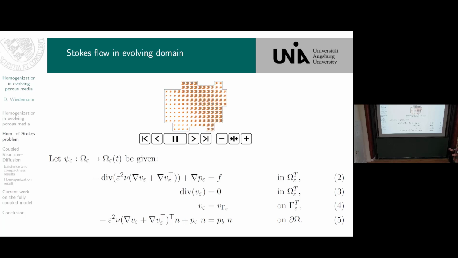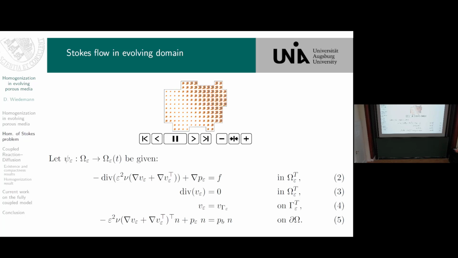Okay. Now we want to apply this for the homogenization of the Stokes equation. So we consider the stationary Stokes equation on an evolving domain at first. And now we assume that we are in this previous setting by having these diffeomorphisms. In this Stokes equation, at the interface, which is here the orange term, the velocity of the fluid is equal to the velocity of the interface.